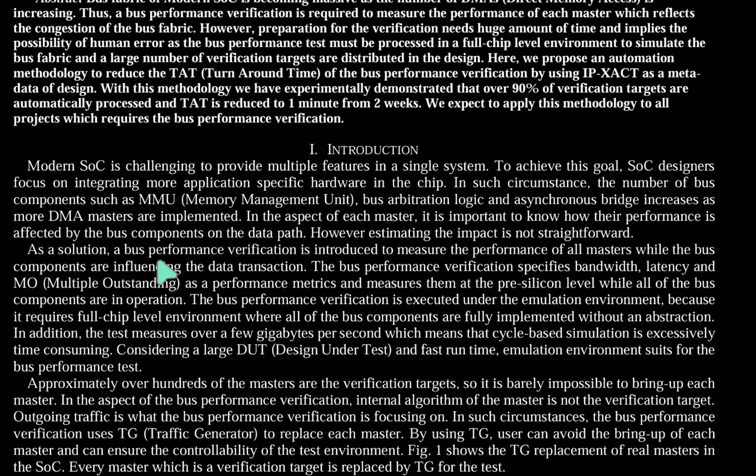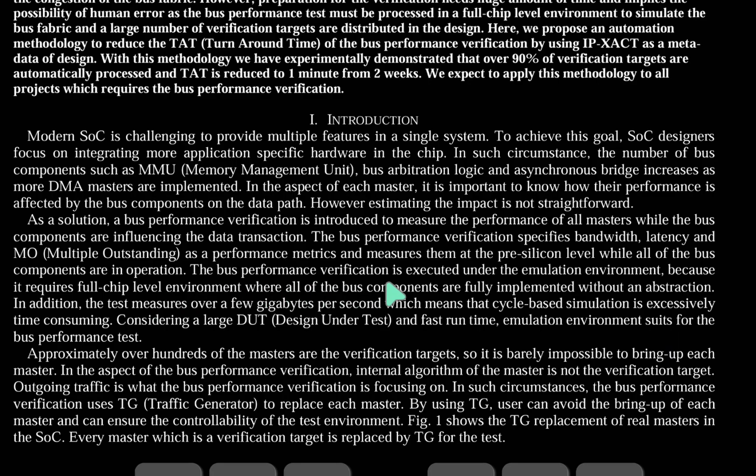As a solution, a bus performance verification is introduced to measure the performance of all masters, while the bus components are influencing the bus as a performance metric, and measures them at this pre-silicon level while all of the bus components are in operation. The bus performance verification is executed under the emulation environment because it requires a full chip level environment where all of the components are fully implemented without omission.